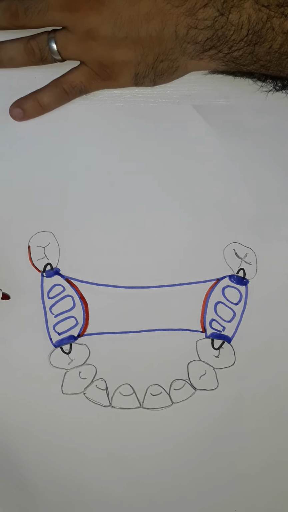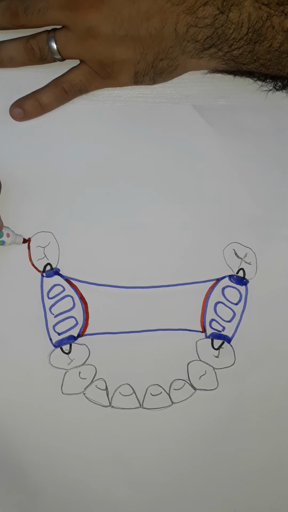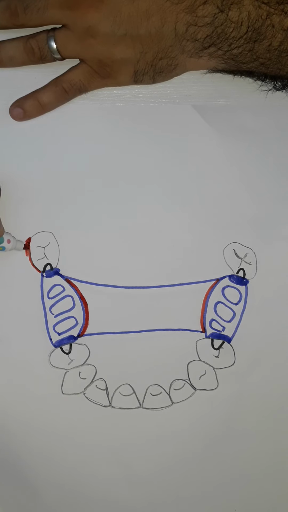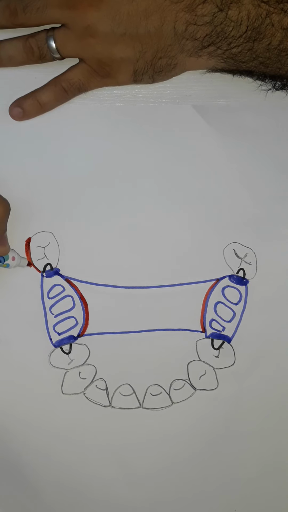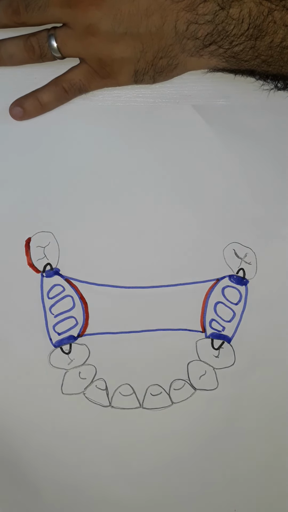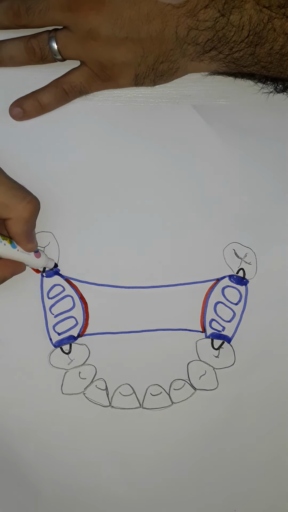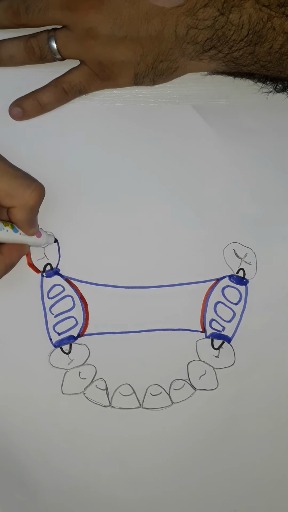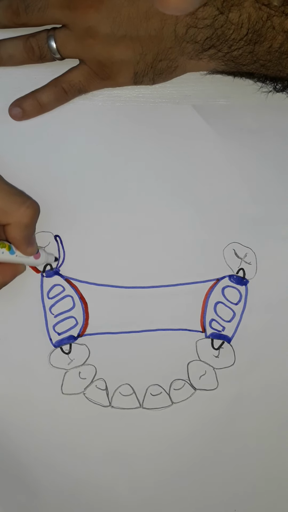Please notice that we draw the retentive arm with a tapered termination and red color, in opposite to the reciprocal arm that is drawn with a blunt termination and blue color.